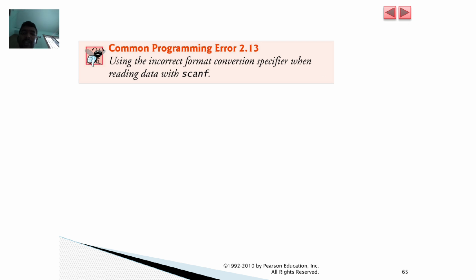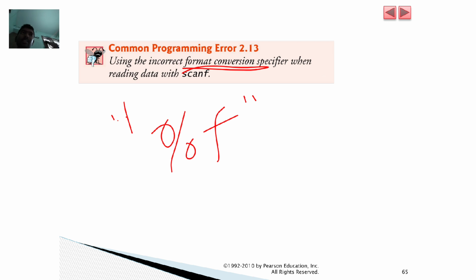Using an incorrect format conversion specifier when reading data with scanf. Incorrect format conversions: if you want to insert an integer value but you use the %f specifier, it will work, but in some cases it occupies more space.